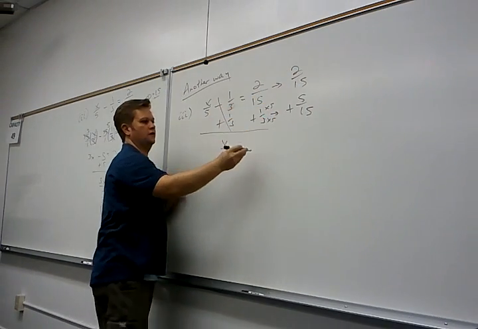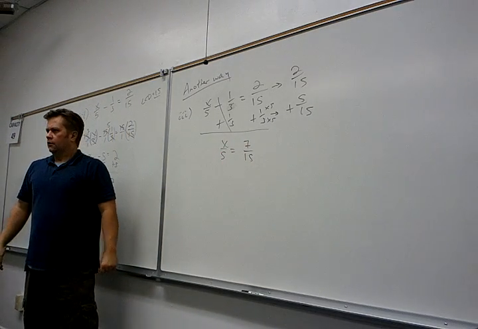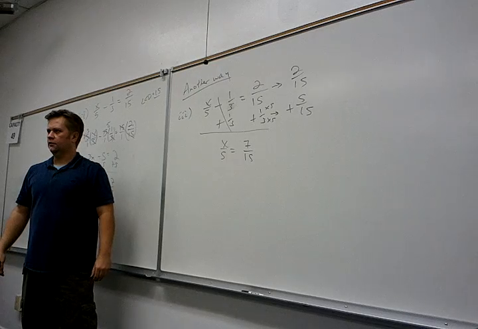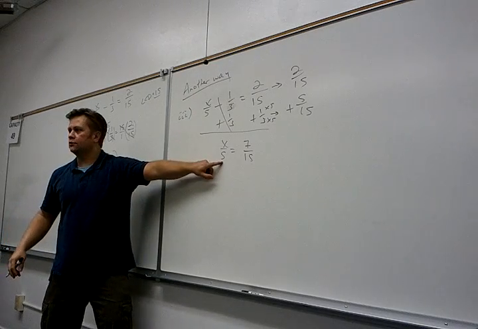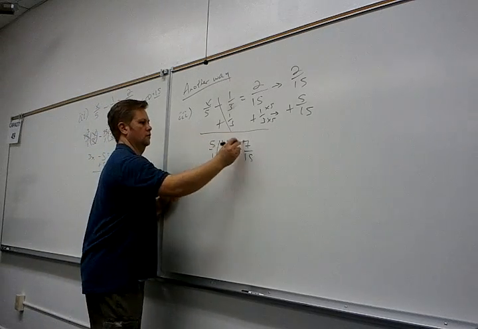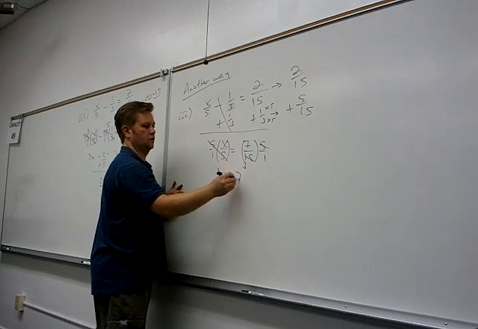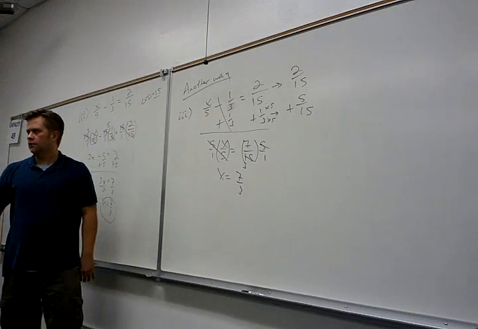So 2/15ths plus 5/15ths, so 7/15ths. And then the last thing I have to do is multiply by 5, right? So I get x equals, 5 goes into 15 3 times, I still get 7/3.